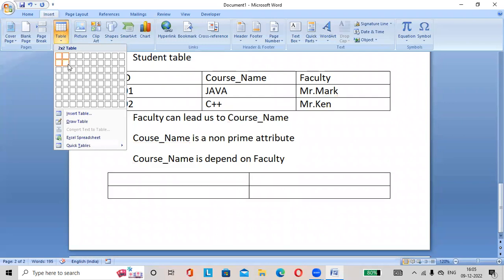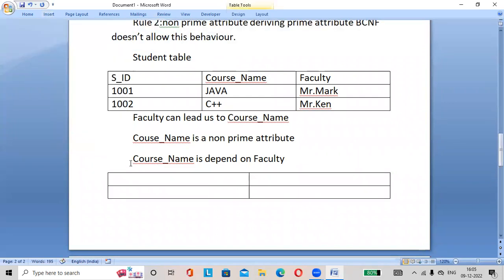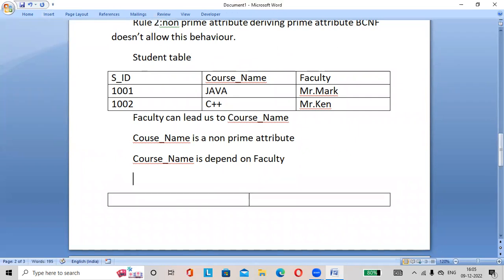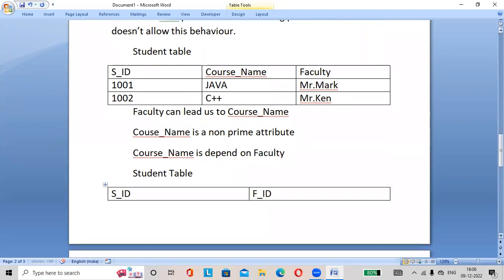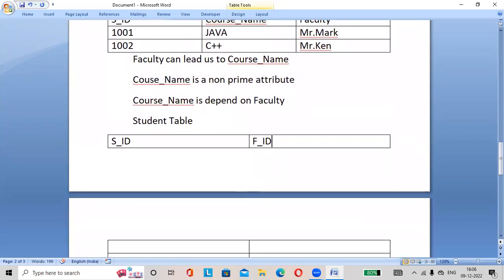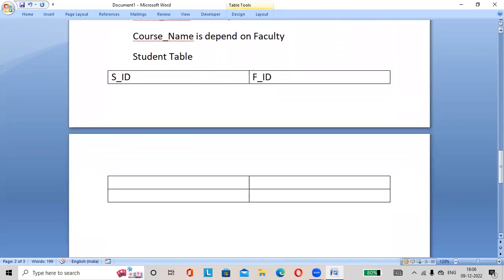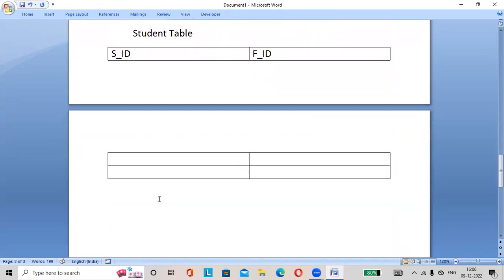First, you take this student table. So what are the columns here? Student ID, faculty ID. Okay. Then one more table you create: the faculty table.